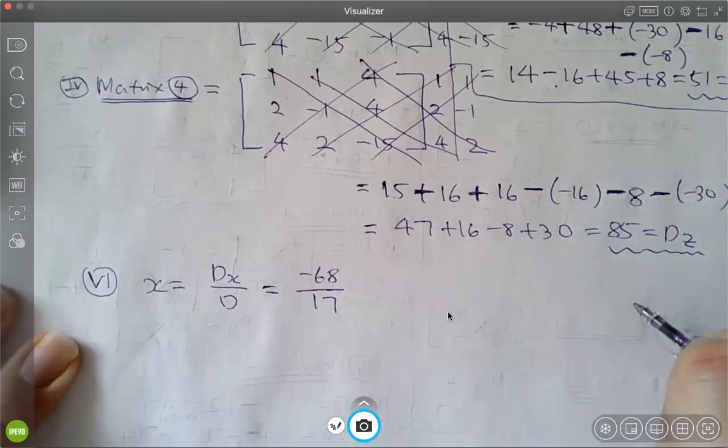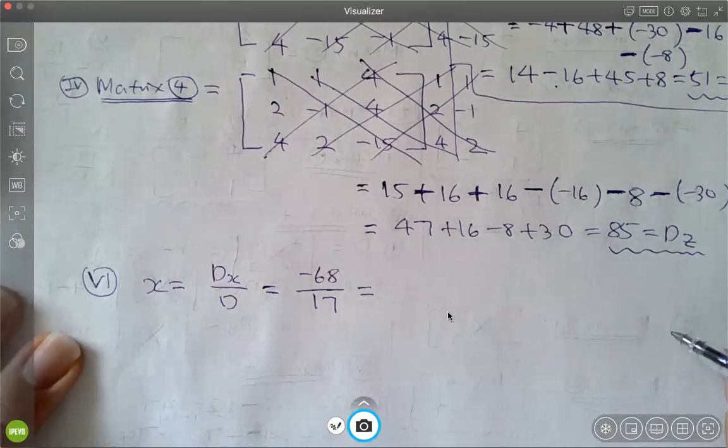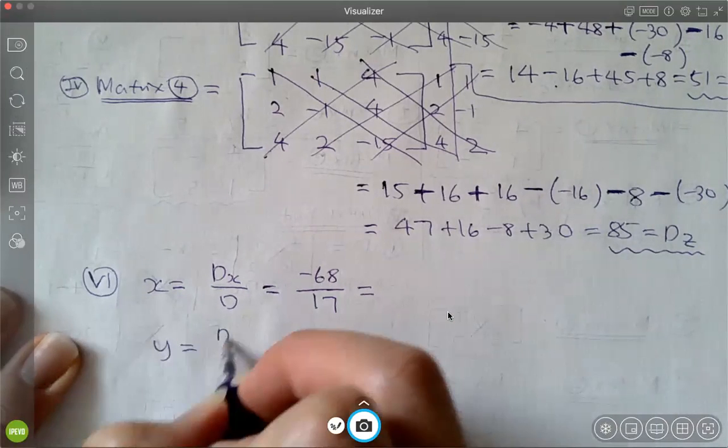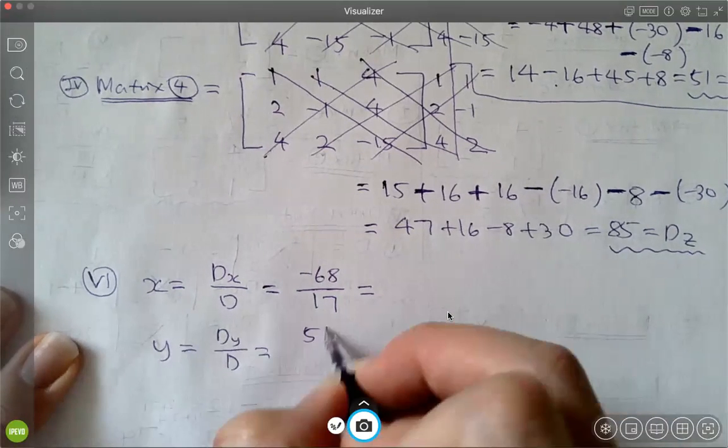And now, negative 68 over 17, can you reduce this? And what do you get? Negative 4, yes.